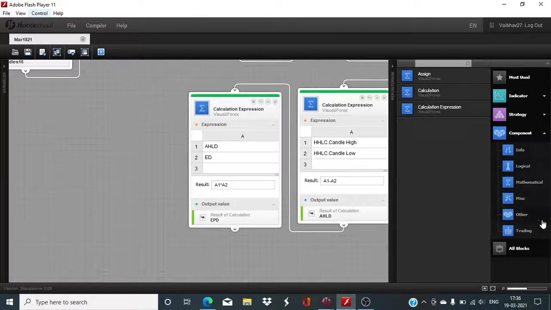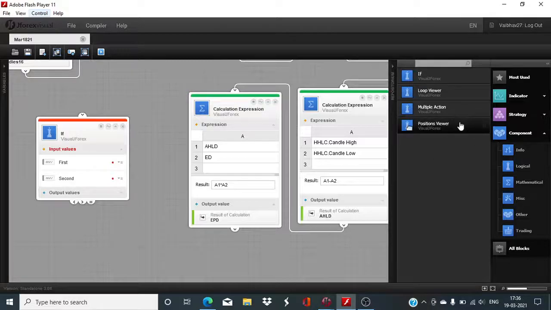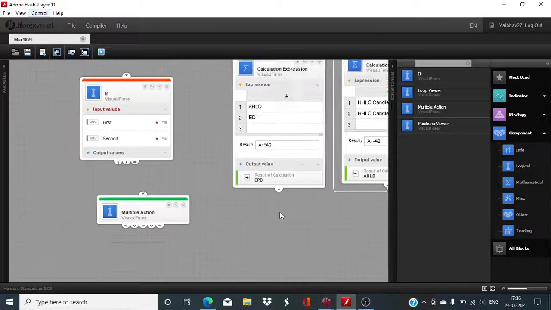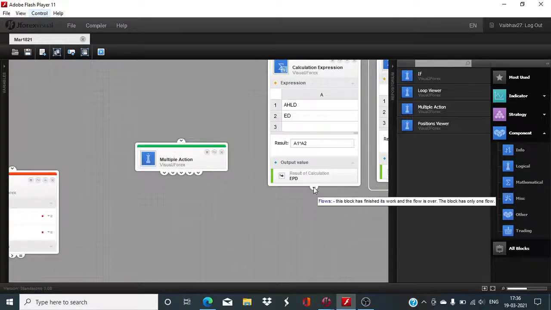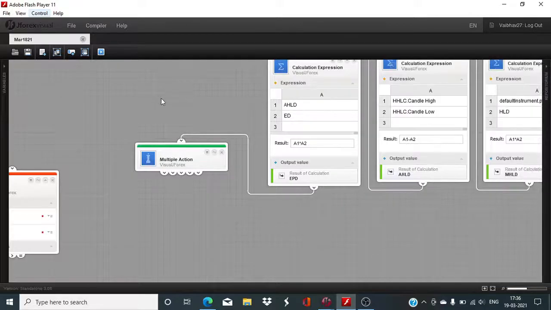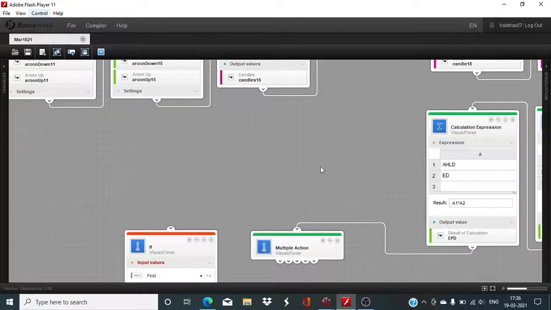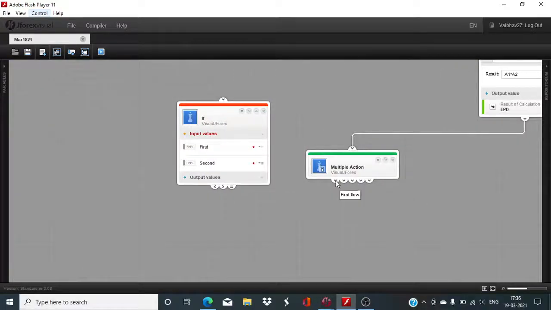But right now we will start building on the buy side. So for that, multiple action, I'll join it here. We will need to disconnect it later on. Just for the representation, I have joined it.